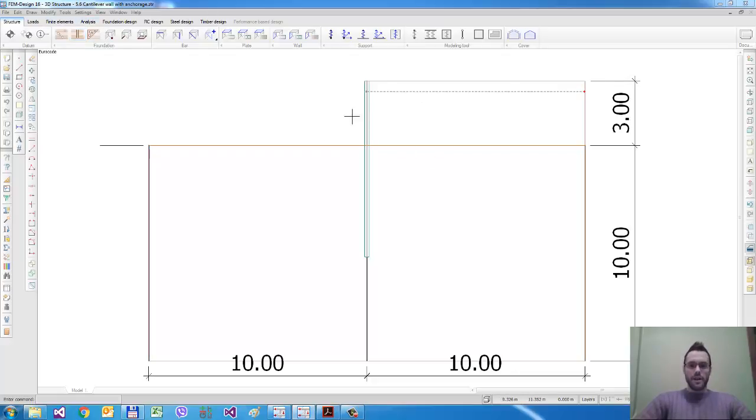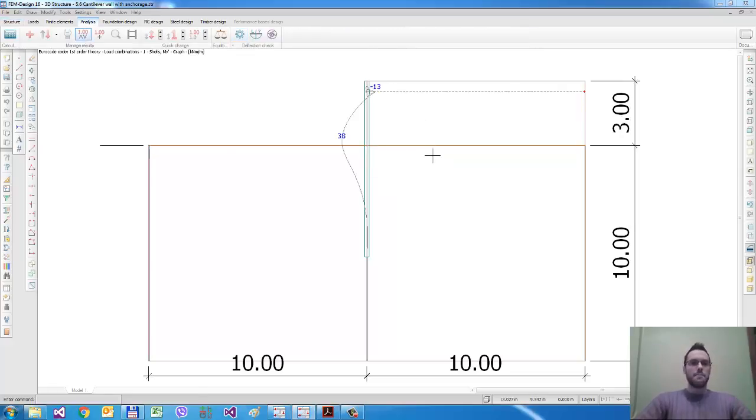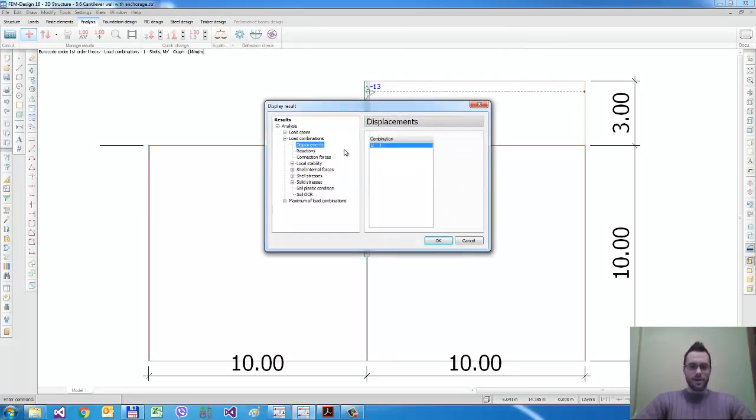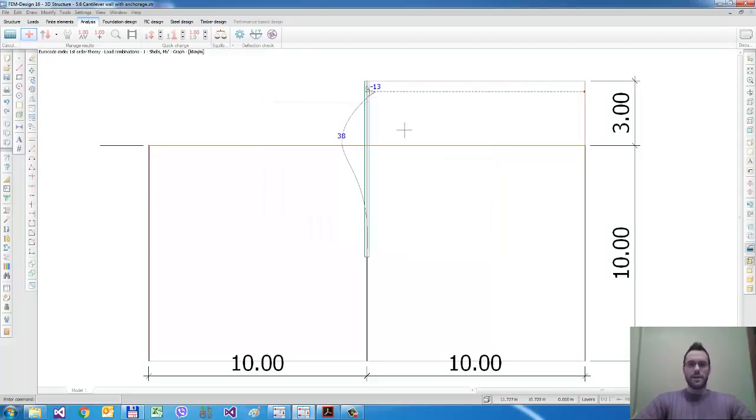So in this case the thickness of the slab is 20 centimeters, and let's see the moment distribution according to the nonlinear soil calculation. So the moment distribution in this case, the mx value in that wall is 13.38.